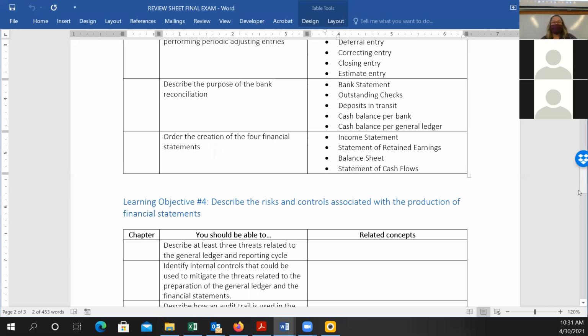Yep, to make sure that your cash balance per the bank and your cash balance per the general ledger, that you can at least figure out why they're different.